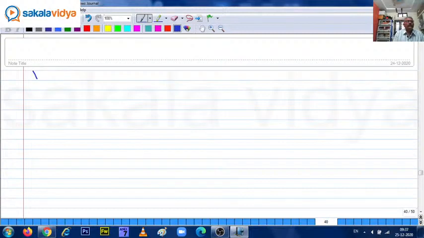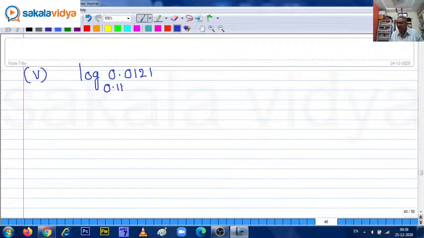Now, the fifth question: log of 0.0121 to the base 0.11. Solution. Method 1.